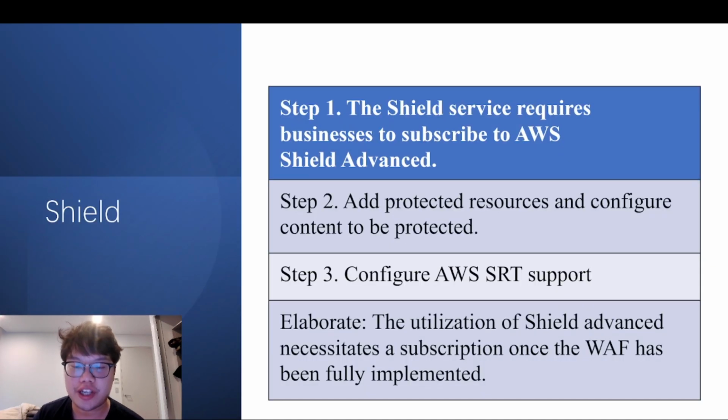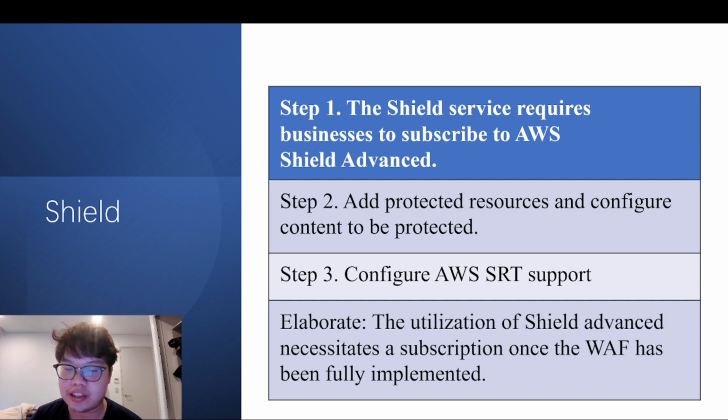Next part is Shield. Shield's primary function is to help safeguard AWS infrastructure and applications against the growing threat of DDoS attacks, which can disrupt online services by overwhelming them with a flow of traffic from multiple sources. Step 1 is that the Shield service requires the business to subscribe to AWS Shield Advanced.